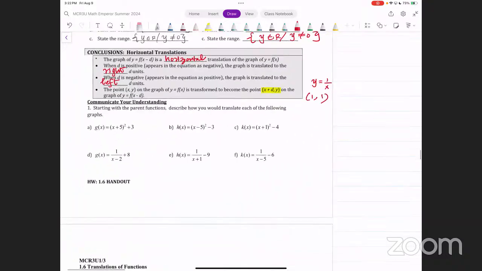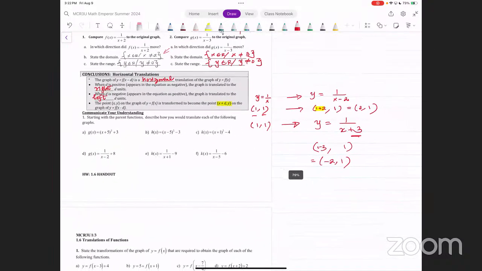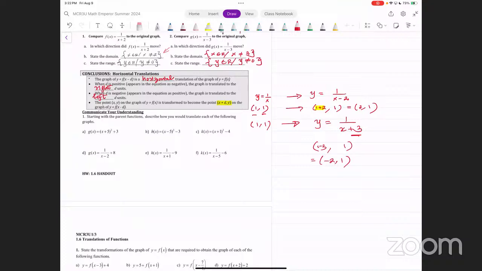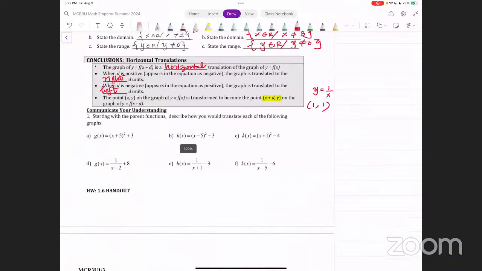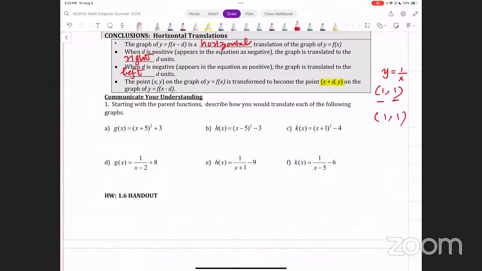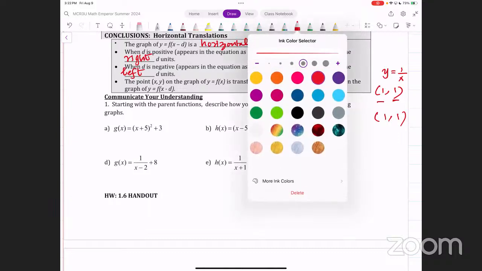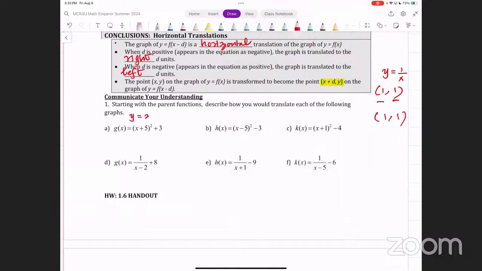So now, going back, starting with the parent function, describe the following transformations. I'm going to do some examples so you get a sense of it. If you see this g of x, the parent function is y = x squared, because you see something squared plus 3. The original function is y = x squared.